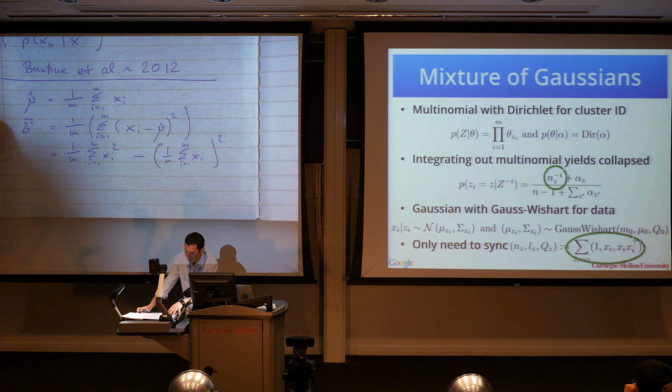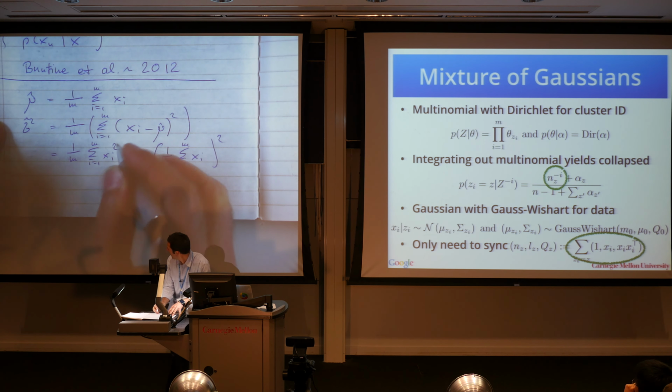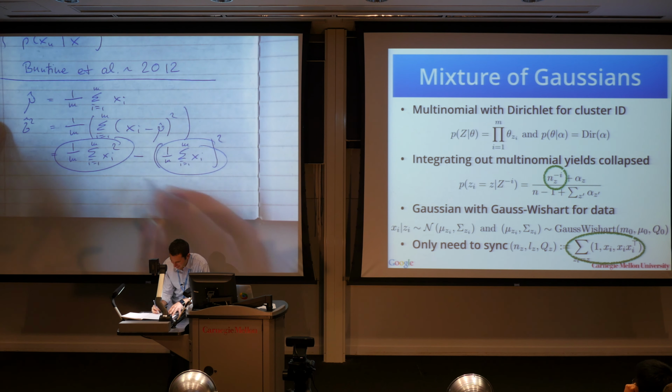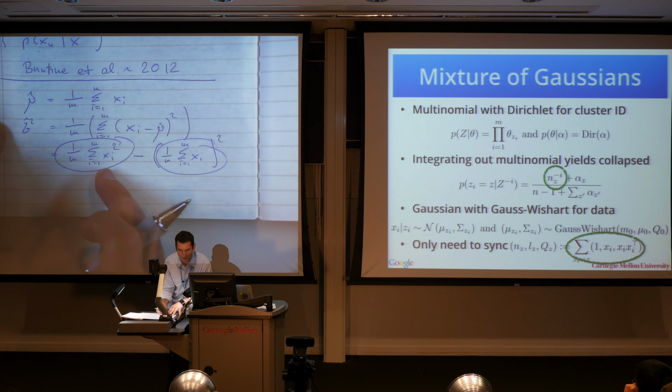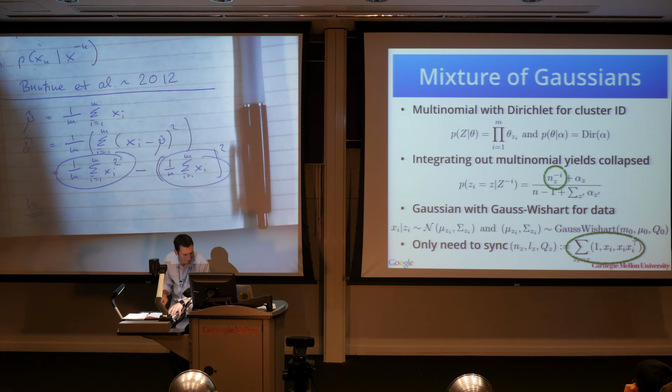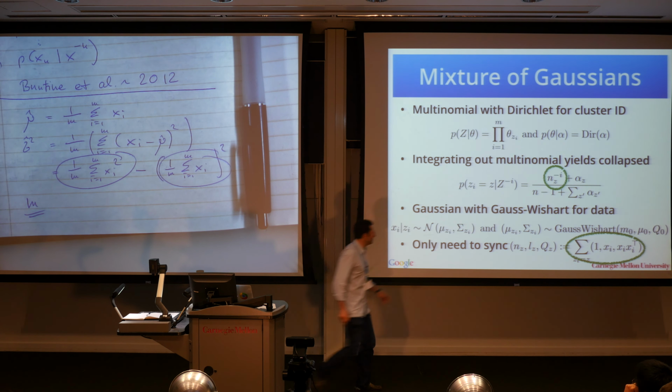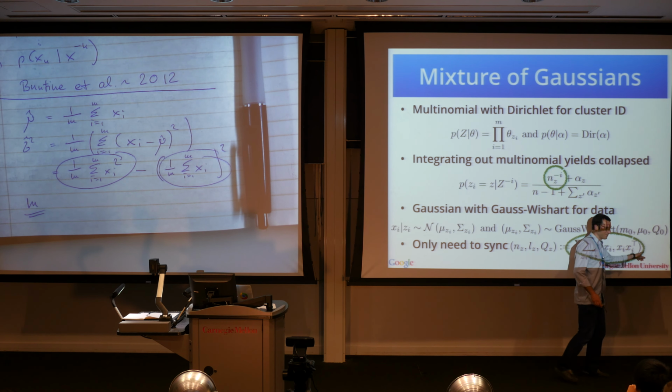Right? Now, what this actually tells us is that these two quantities here are the key quantities that I need to communicate. So the sums over the xi's and the sums over the xi squared. There's actually a third key quantity that I need to communicate, and that's m. Right? Now, if you squint hard, you'll see those three here.